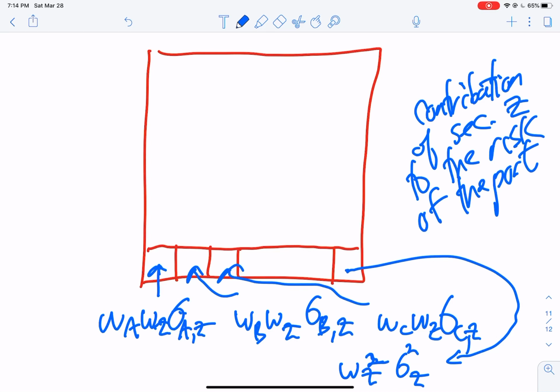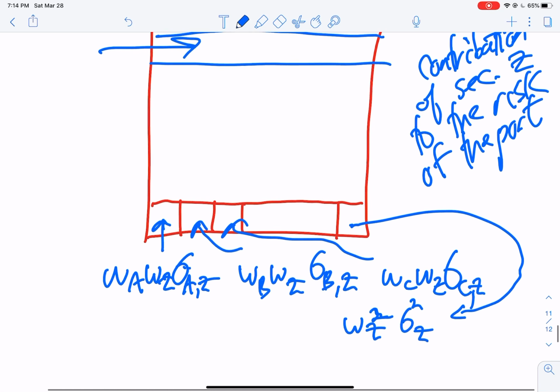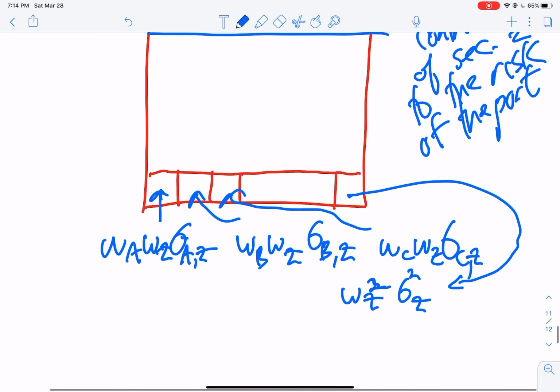And using the same thinking, this would be the contribution of security A to the risk of the portfolio. This contribution of security B, and so on. Now, this way of considering this decomposition of portfolio return variance ends up being quite useful in helping us understand the importance of the covariance terms.